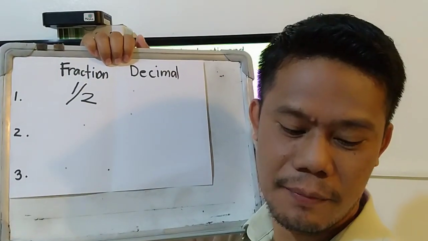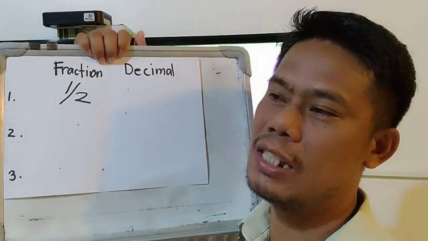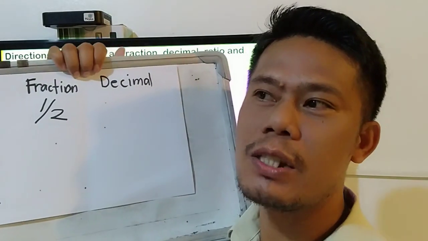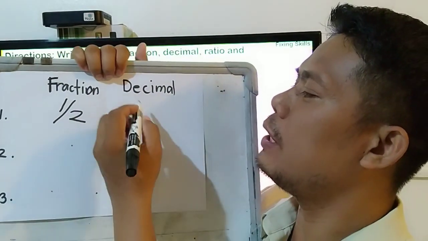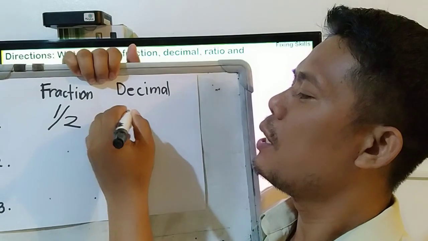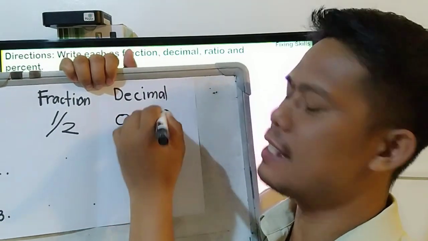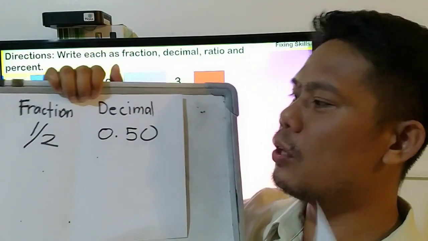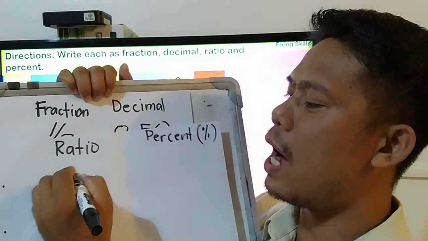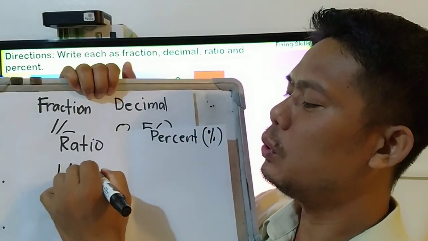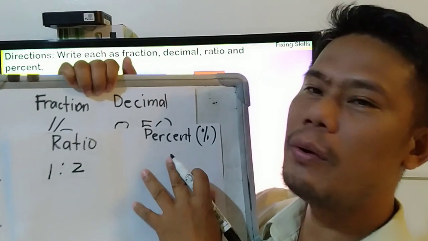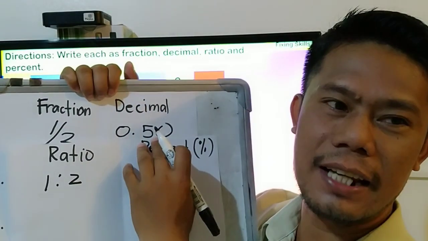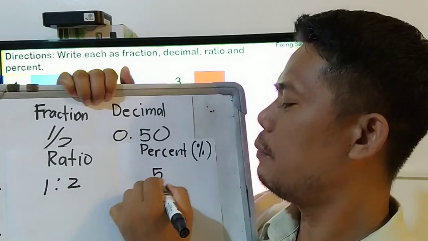That is 50. So 2 times 50 equals 100. So therefore, in our decimal that is 50 hundredths. Now in our ratio, going back to the fraction, that is 1:2. Then our percent, so 50 hundredths, that is 50%.